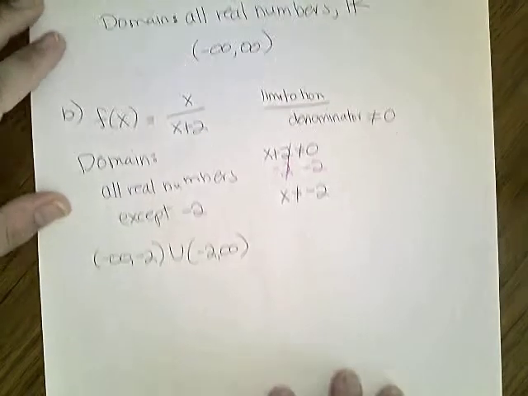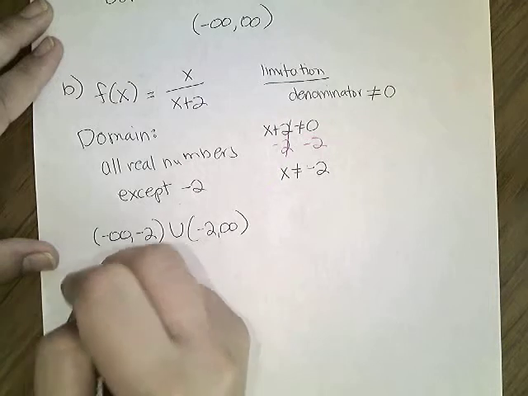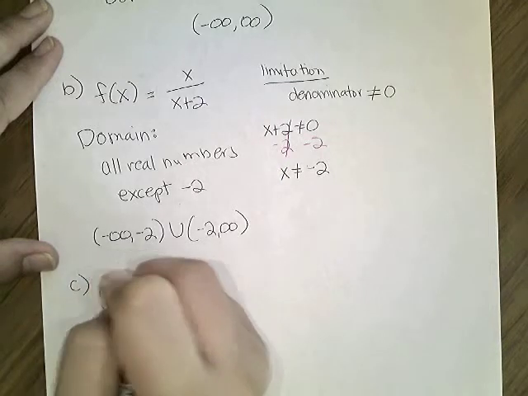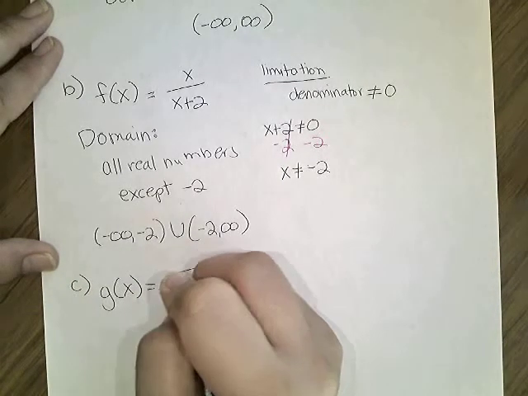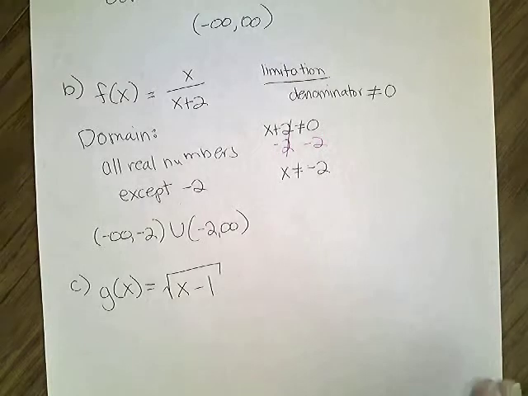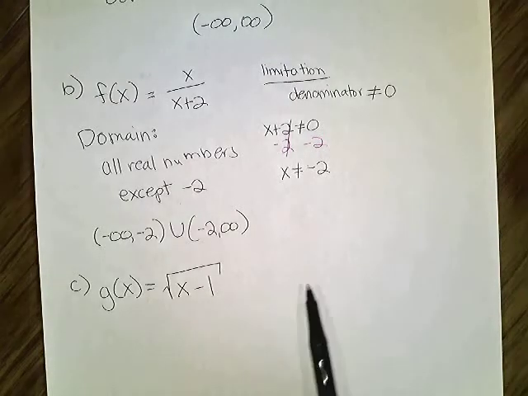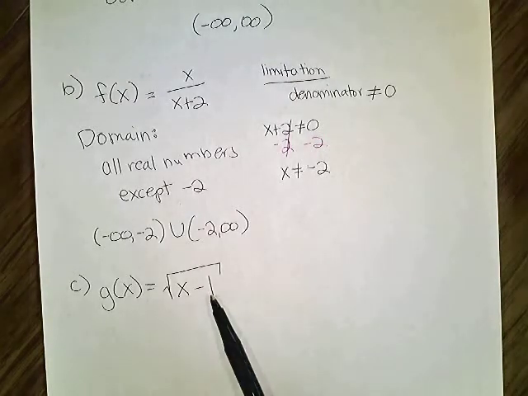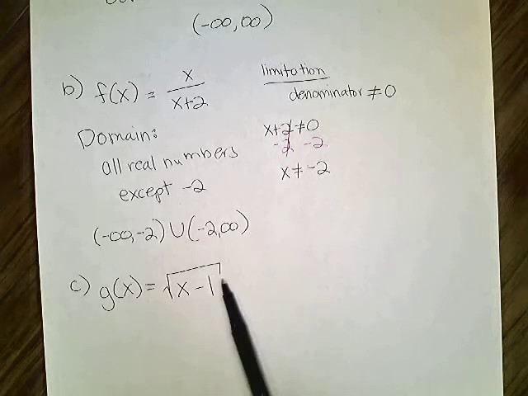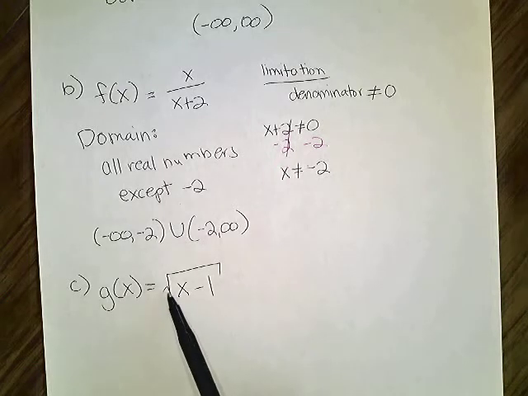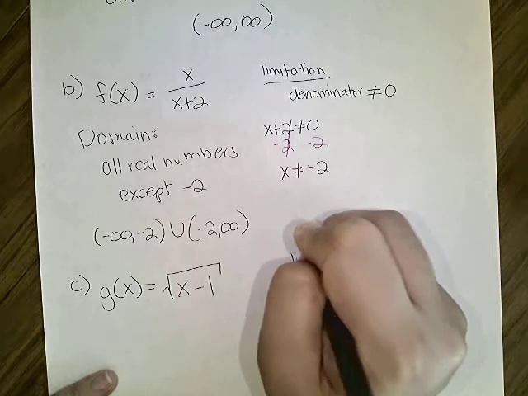Now, another kind of function that we can deal with is a radical function. So here I have g of x equals the square root of x minus 1. So we want to think of this as, okay, well, what do we know? What are our limitations, or what are we allowed to plug in? I look at this square root function and I say, what are my limitations?